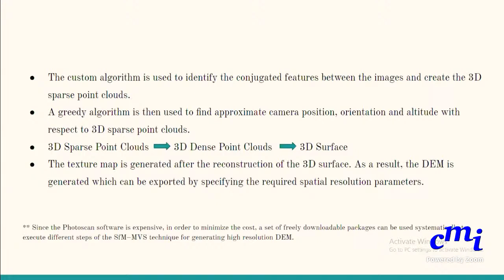And by a greedy algorithm approximating the 3D sparse point clouds, we change them to 3D dense point clouds, and by meshing them we get a 3D surface, and from this 3D surface we get the generated texture map of the photo, and as a result the DEM is generated, which can be exported by specifying the required spatial resolution parameters.